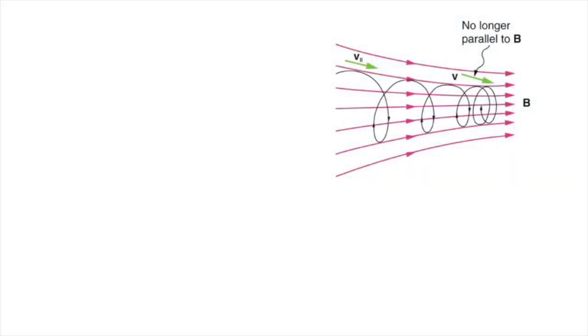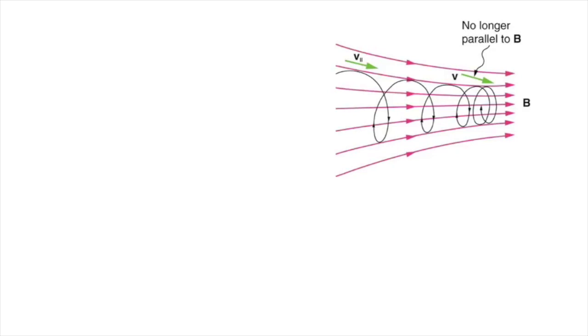So far we were discussing the case of a charged particle entering the magnetic field at right angles. What if the charged particle does not enter at right angles? Instead, it enters at some other angle. All right? It's not parallel, because if it's parallel to the magnetic field, then no force acts on it.